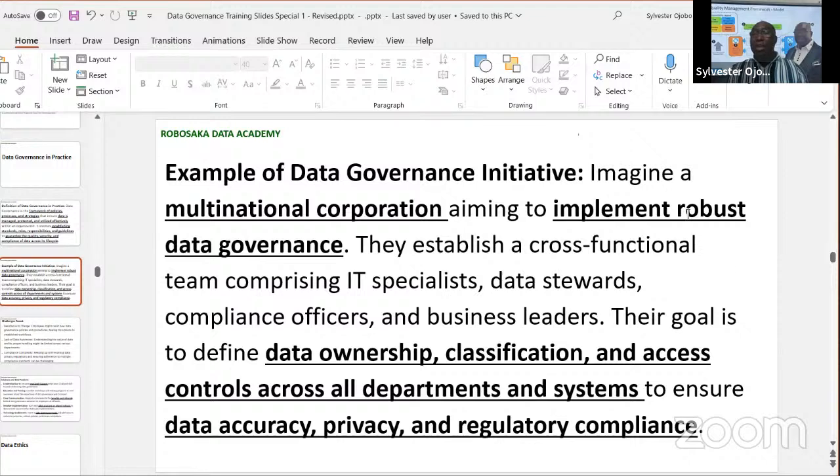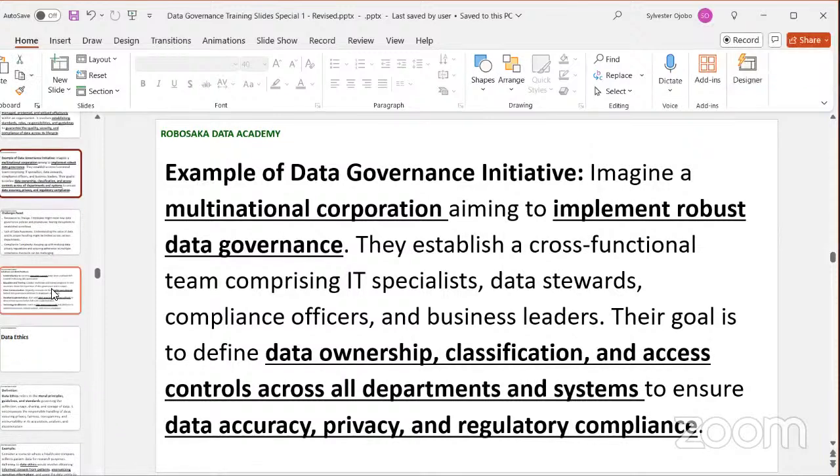And why did they have to say robust? Why do you think there is need for a robust data governance program? It's a multinational corporation.